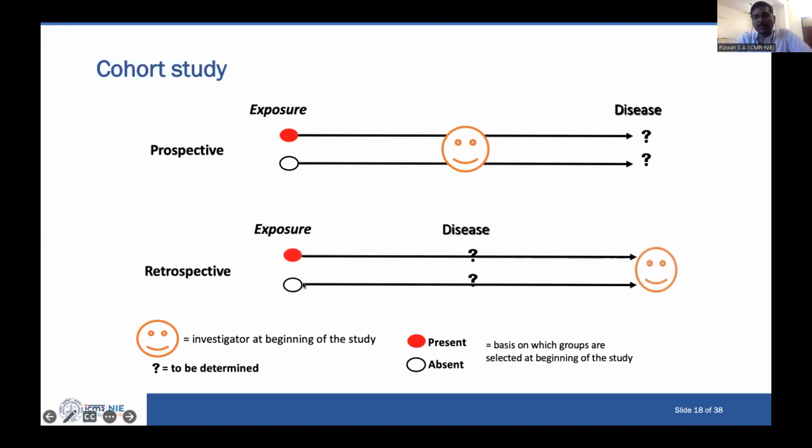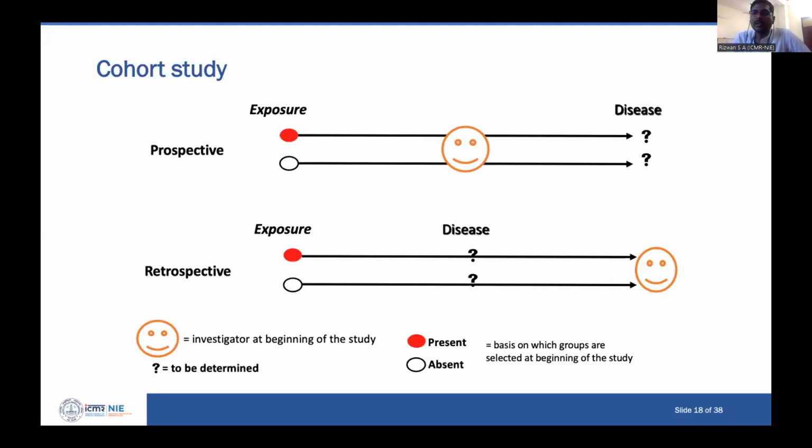The counterpart of this is called retrospective. The exposure has occurred and the disease also has occurred, but you are now looking back into the past. You recruit patients based on whether they have exposure or non-exposure, and you follow them in time, that is in the past time, to see whether they have the disease or not. How is this possible? This is possible when you are doing a record-based study.